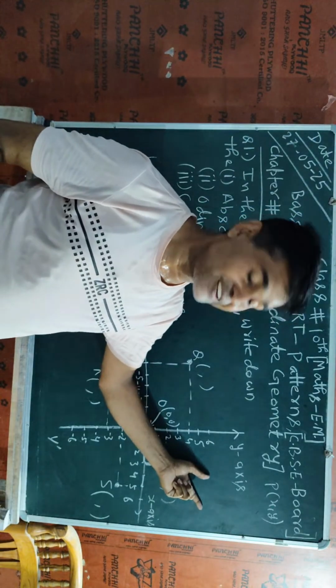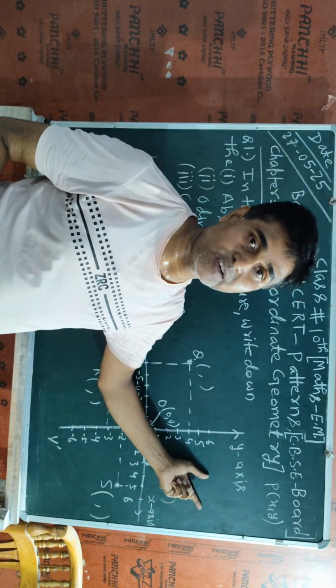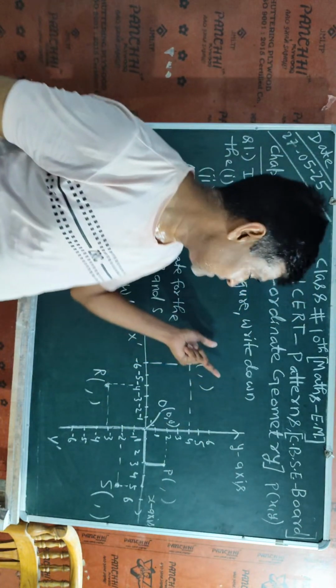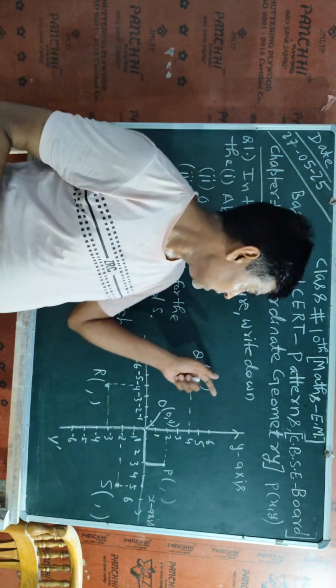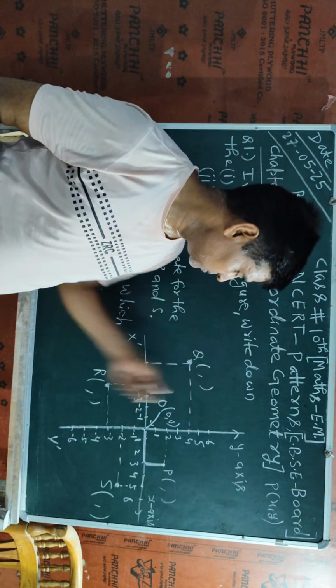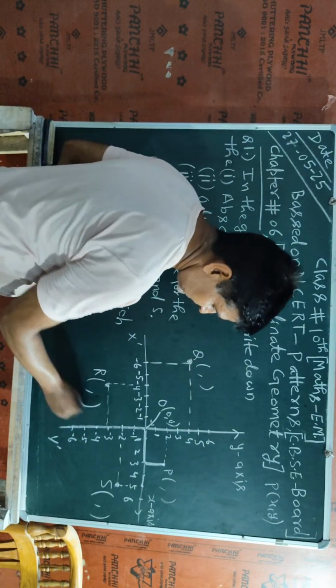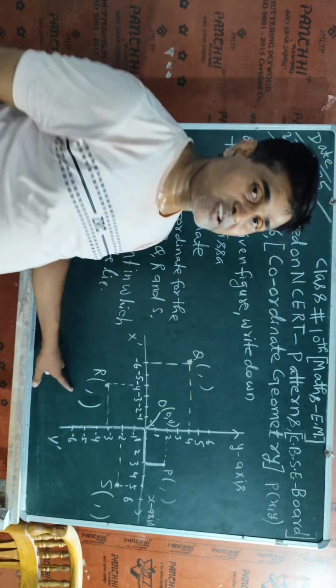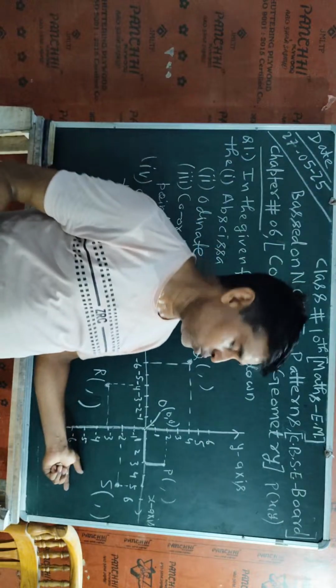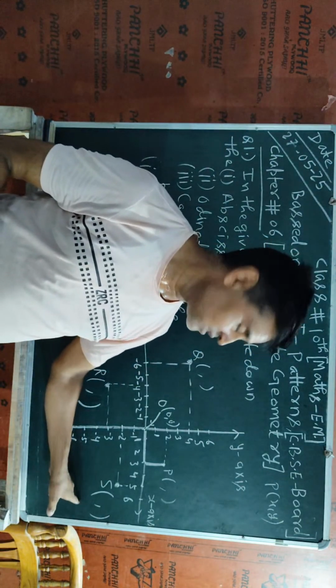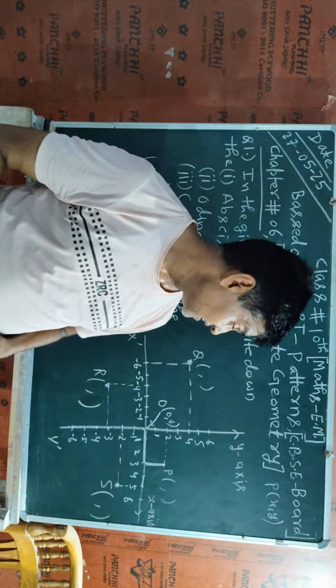In the first quadrant the sign of abscissa and ordinate both will be positive. Now in the second quadrant the sign of the abscissa will be negative, but the sign of the ordinate will be positive. In the third quadrant the sign of the abscissa will be negative, and the sign of the ordinate will also be negative. But in the fourth quadrant the sign of the abscissa will be positive, and the sign of the ordinate will be negative.